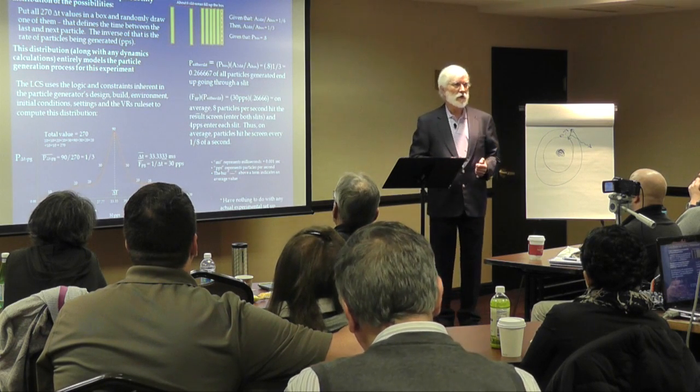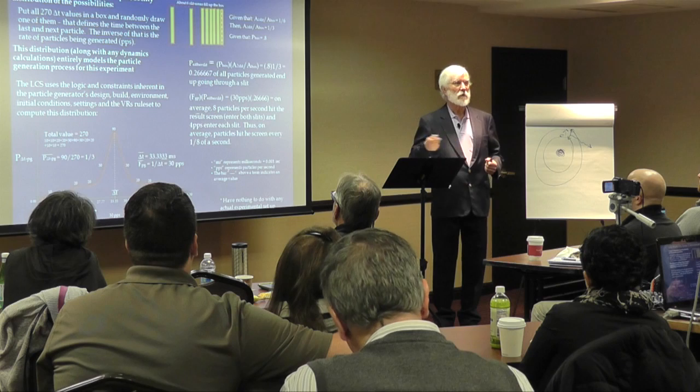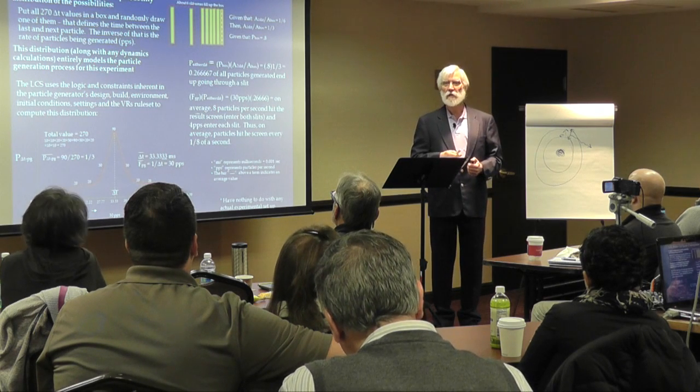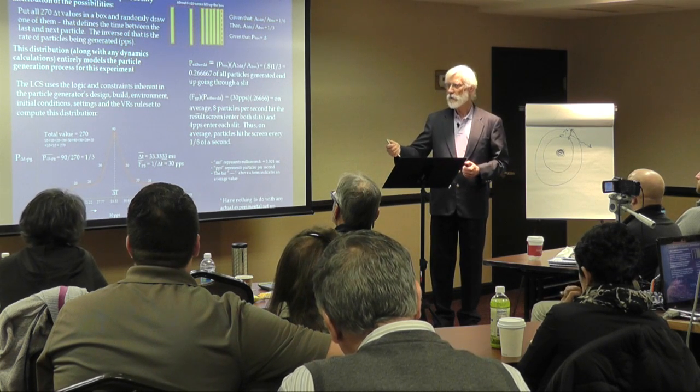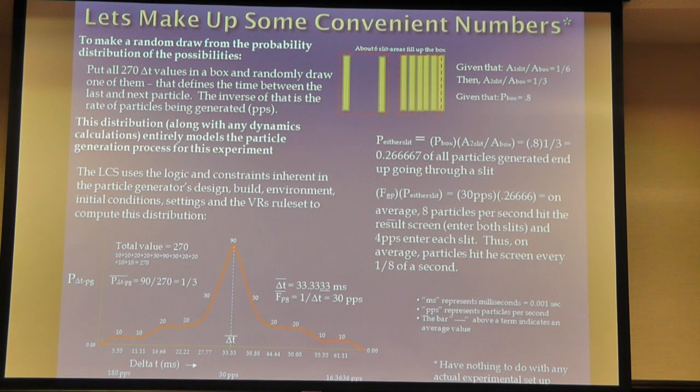So in the virtual reality system, all it has to do is run that at the parameters the scientist sets, and it can run 100,000 particles out of that generator and generate this probability distribution. It creates it.